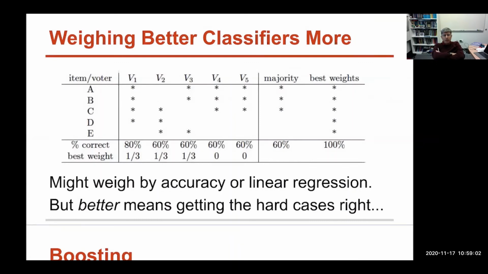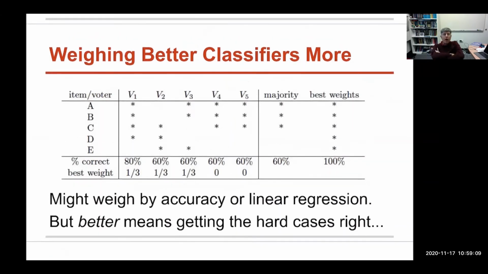But here's an example that shows there is another interesting idea on how you weight them. Here we have a world where there are 5 different items. The columns are going to be different classifiers. Let's say we have 5 different trees, and the stars mean it gets it right.